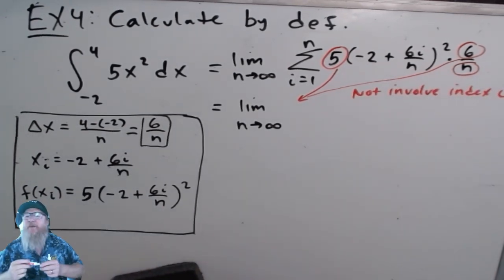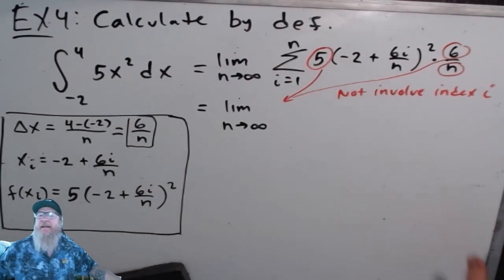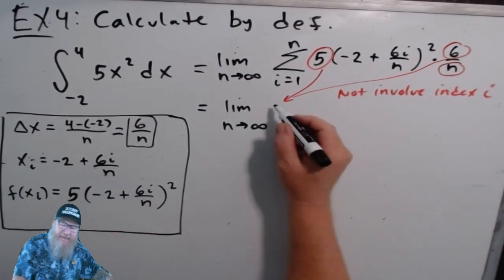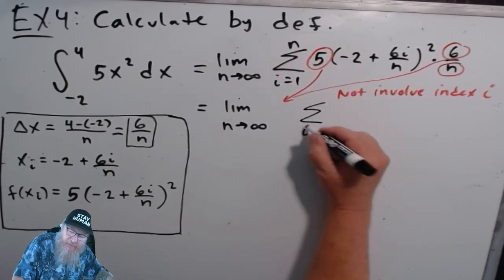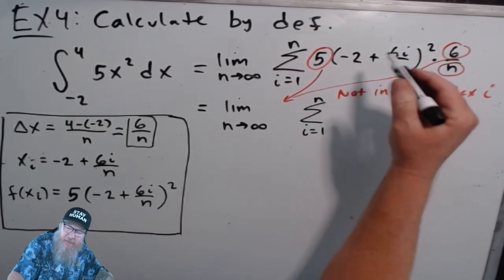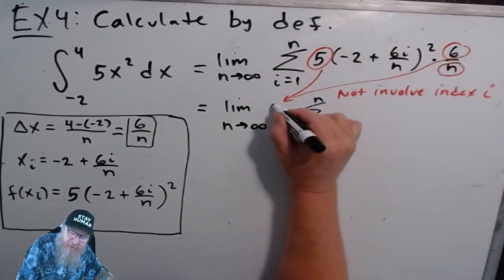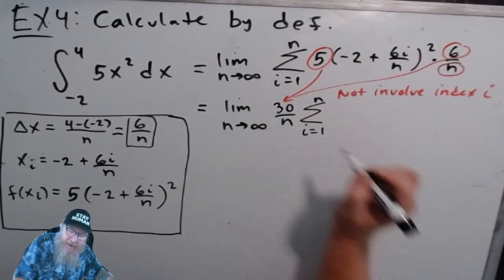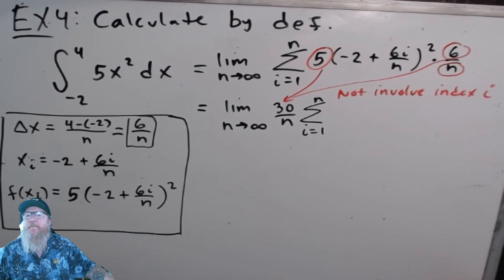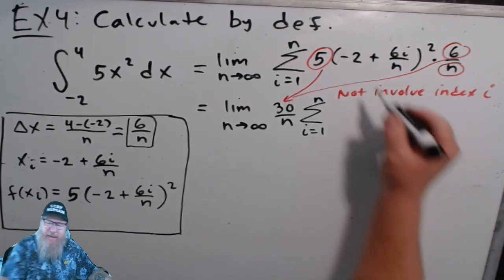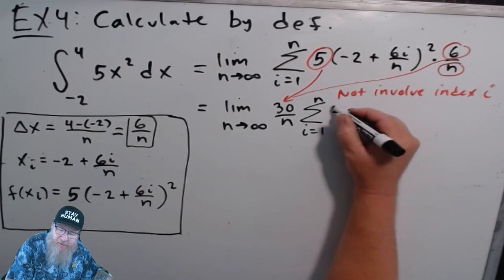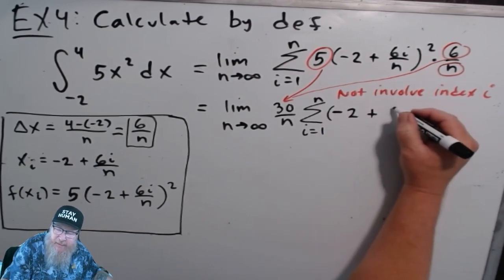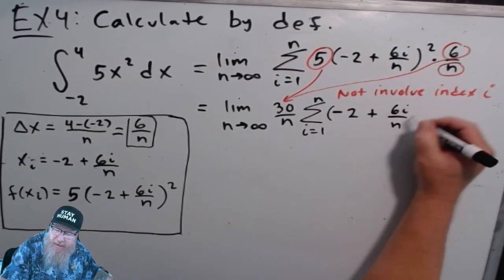If they do not involve the index i, then they can be brought out to the front. They can only go outside of the summation. So 5 times 6 is 30 over n. All right. Now, the rest of this stuff has to stay inside. So I got negative 2 plus 6i over n squared.